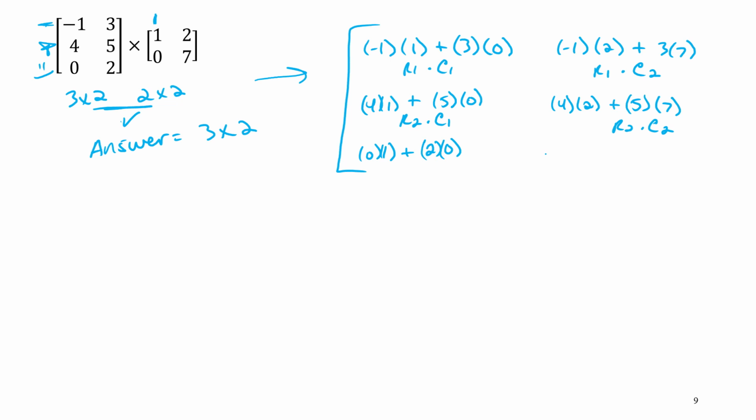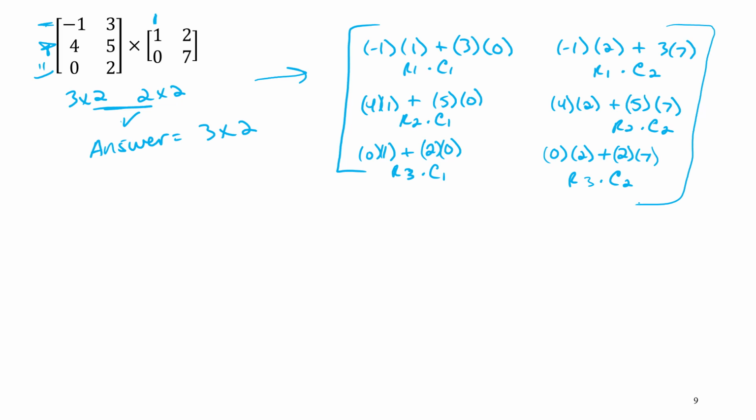And then we'll have 0 times 2 plus 2 times 7. And that would be row 3 times column 1 and row 3 times column 2.